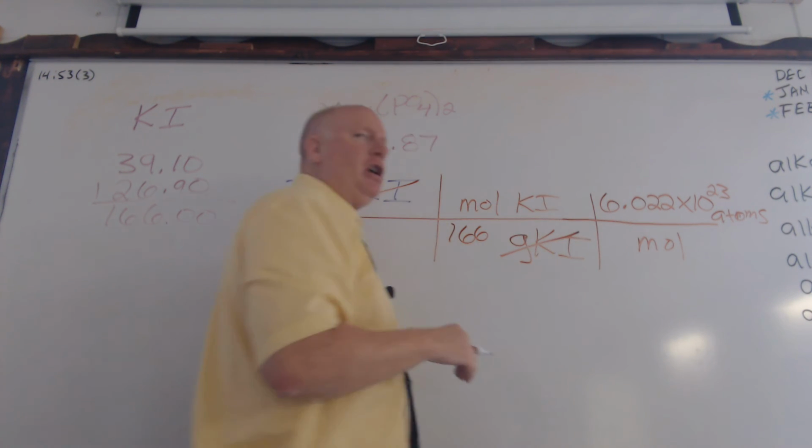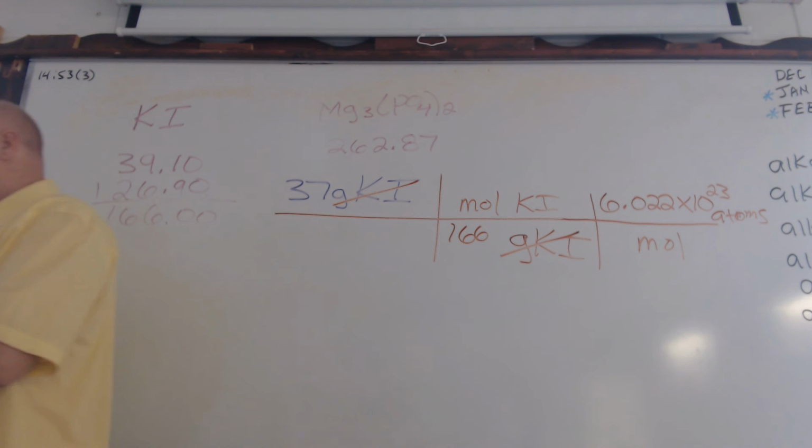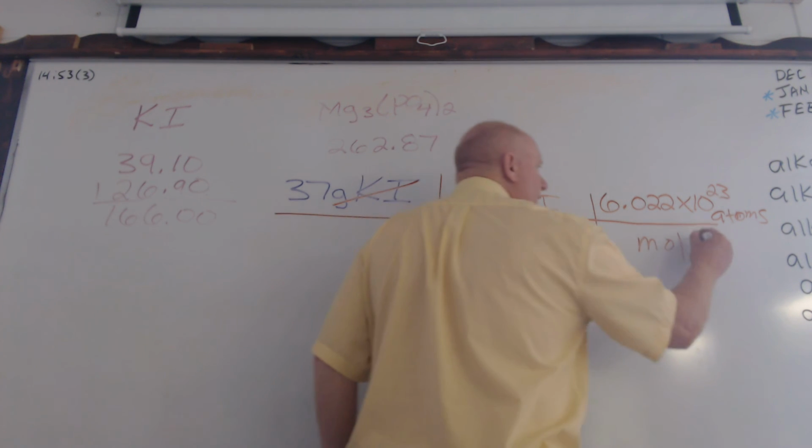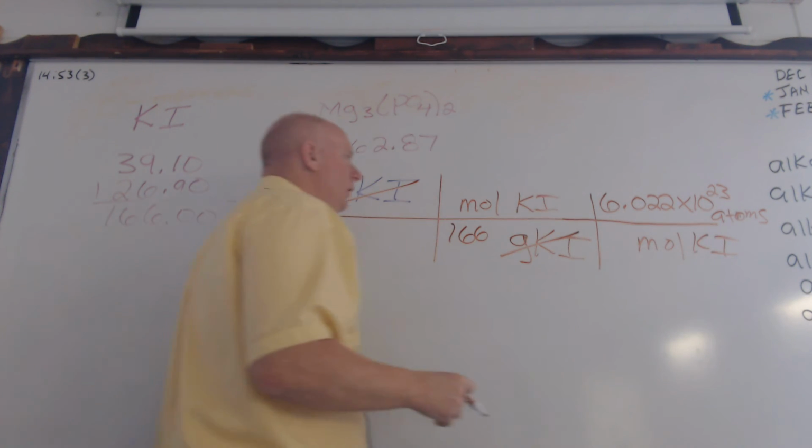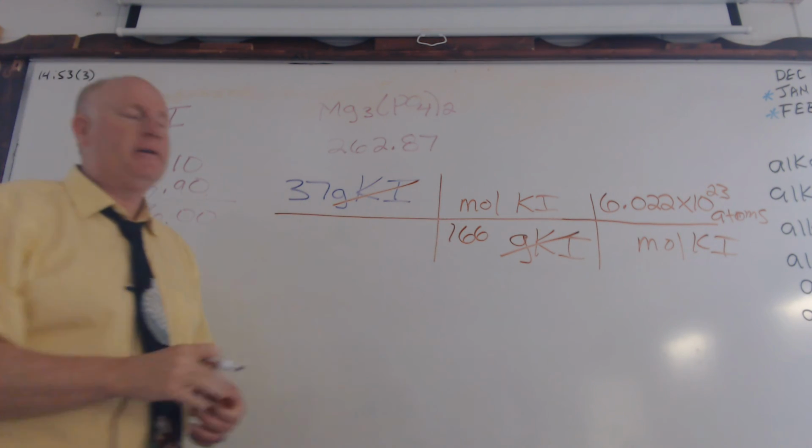So this is just a conversion factor from atoms to moles. For every set of Avogadro's number, it gives you a mole of that substance. So what do you suppose these moles have done with one another? They've canceled each other out.